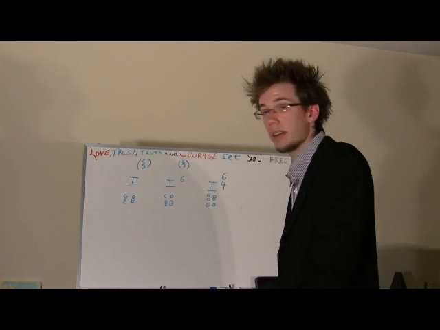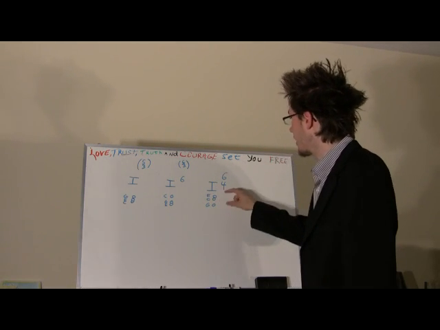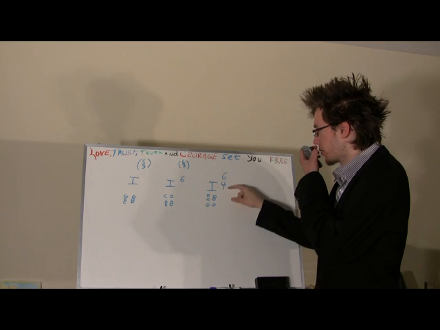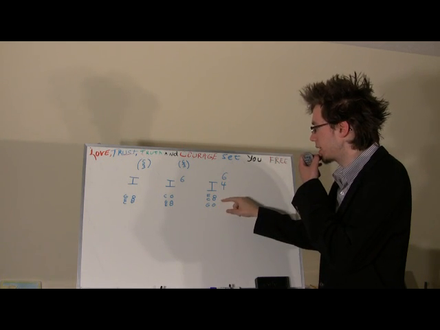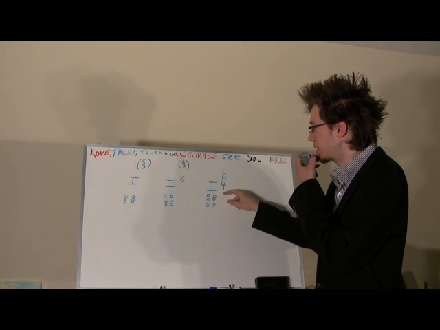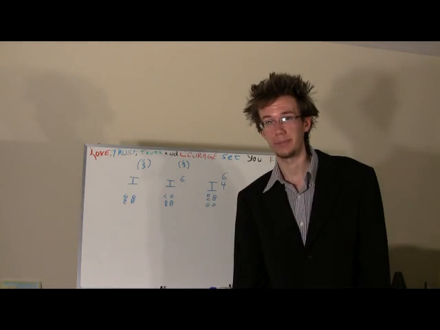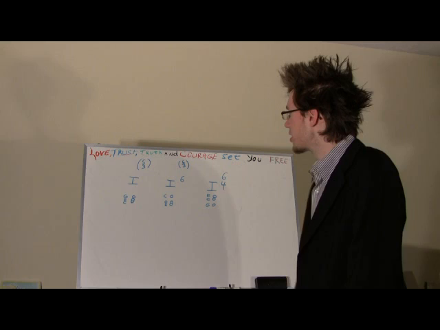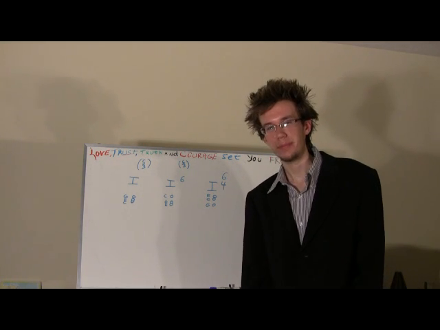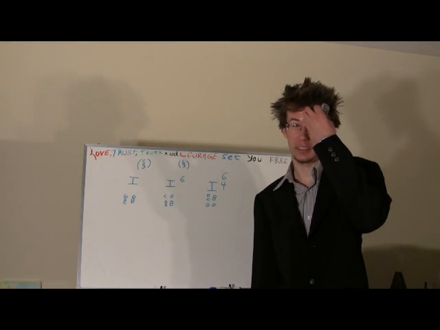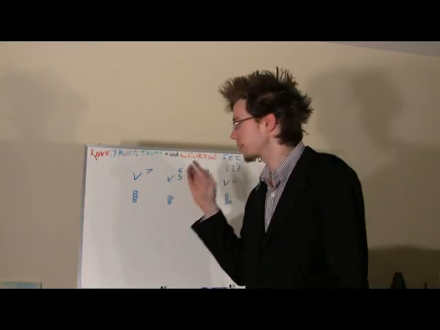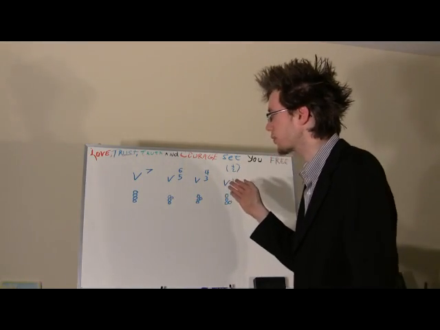That's how that works. Try it out on your piano. Okay, and here, 6/4. So from G to C is a fourth, and G to E is a sixth, and that's where they get the numbers from. Cool, huh? Okay, so that's those intervals.